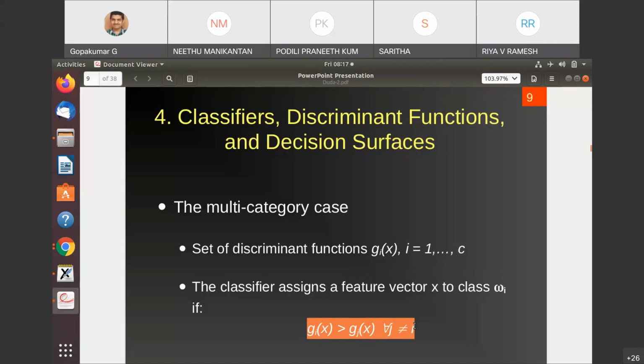Suppose there are three classes, 1, 2, 3; then we will consider 1 and 2, and 1 and 3, but we will not consider 1 and 1. So the class i for which g i of x is greater than all the remaining j values is assigned to the given feature vector x. That is the concept of discriminant functions.